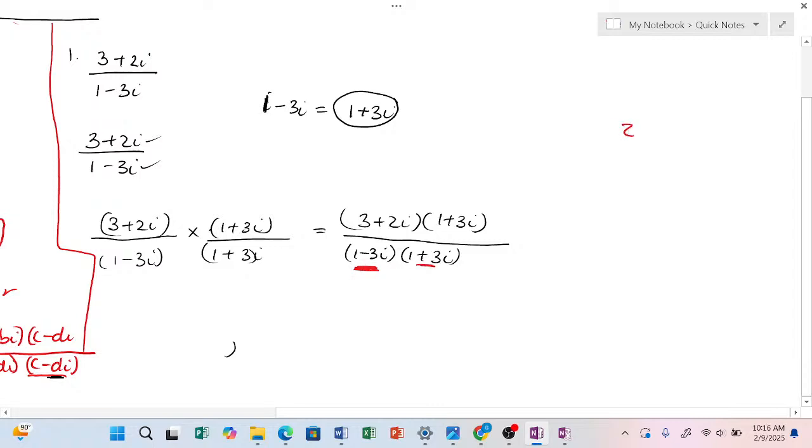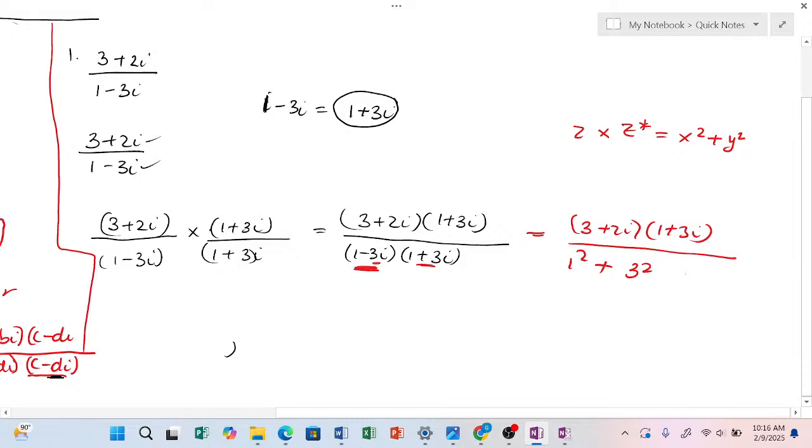Remember, a complex number times its conjugate is equal to the real part squared plus the imaginary part squared, without the i. And so this is going to give us (3 plus 2i) multiplying (1 plus 3i) all over 1 squared plus 3 squared.